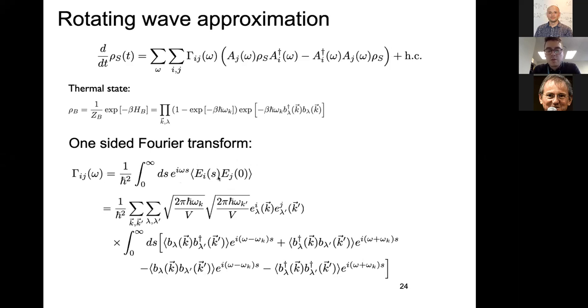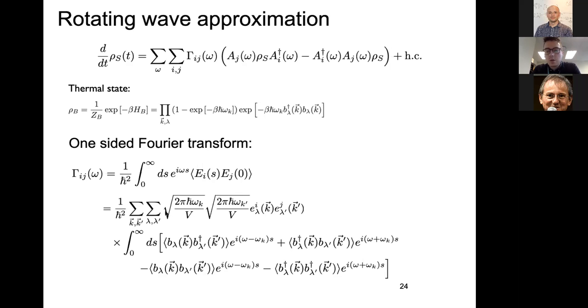Recalling that on the previous slides I gave an expression for the electric field vector in terms of the creation and annihilation operators B and B dagger of our radiation field, what we can then do to evaluate this expression is substitute in each of the Cartesian components of our electric field vector in terms of these creation and annihilation operators.